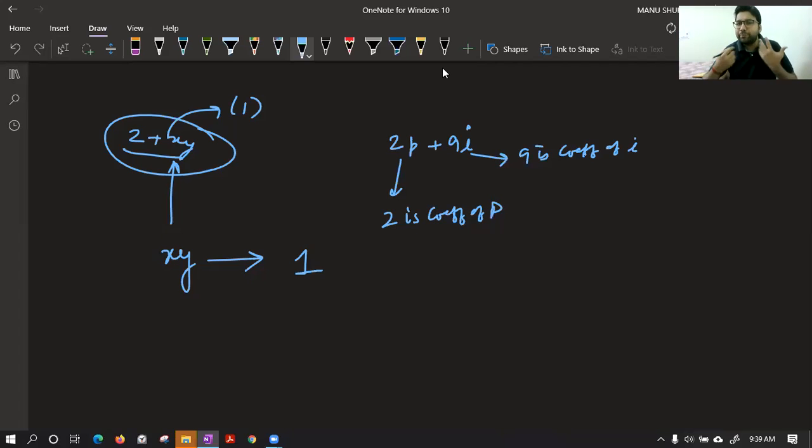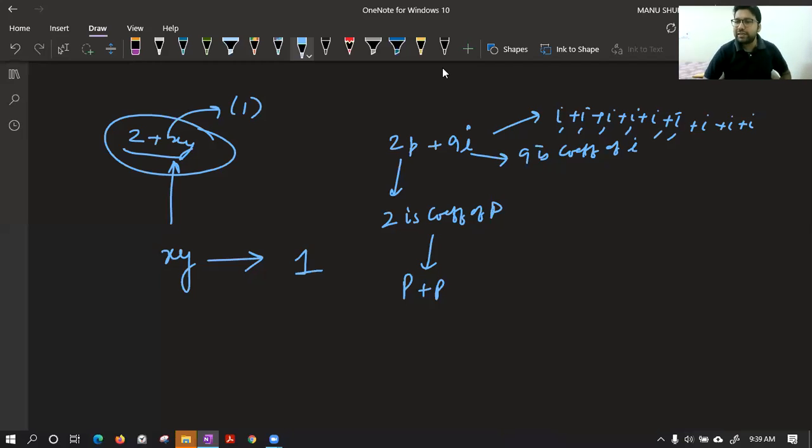Simple. It means that p is getting added 2 times and i is getting added how many times? 1 2 3 4 5 6 7 8 9. That is why we got the coefficient like that.